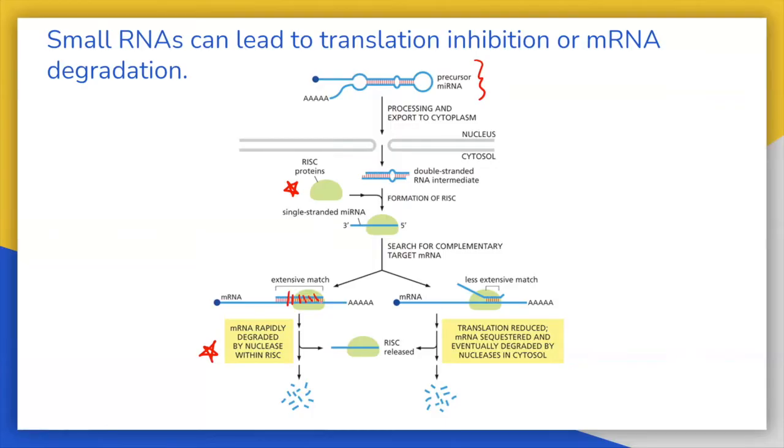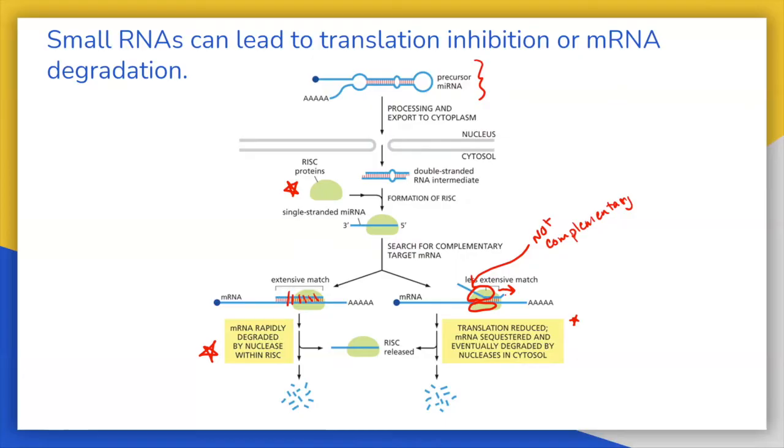When that small RNA is only partially complementary, and there's a section that is not complementary, rather than serving as a signal for nuclease-based degradation, that actually just serves as a way of preventing the ribosome from binding. You can imagine that if the ribosome was sitting here, translating and trying to translocate in this direction, it wouldn't be able to do it because there's already an RNA bound to the mRNA in that coding site.